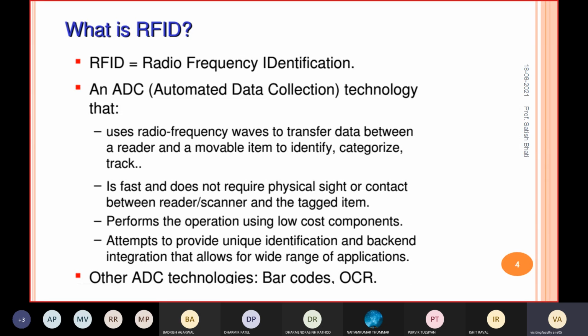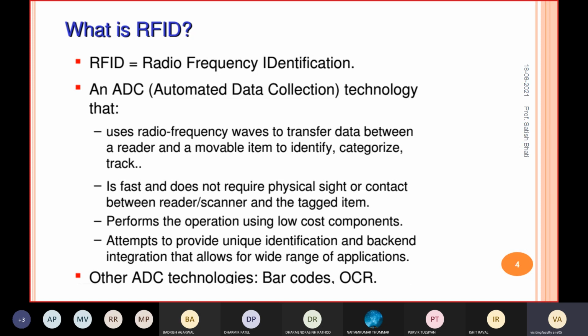It's a radio frequency identification, so it's a kind of identification system. Using this technology, you can identify something, right? And generally this RFID is used in ADC technology. ADC means automated data collection, right?